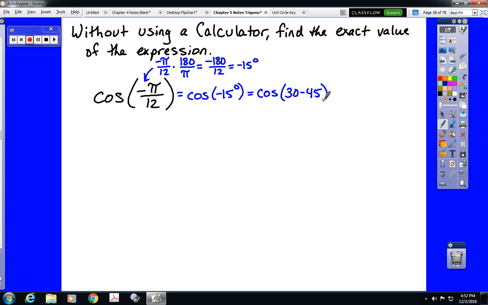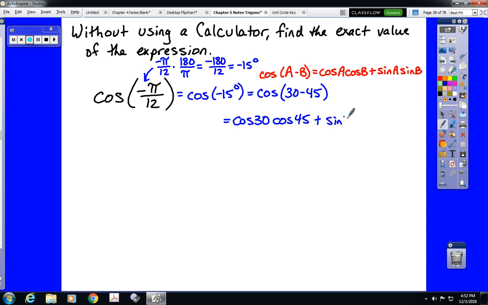It doesn't matter at all which one you use. What's important is that you're following the correct pattern, which would be cosine A, cosine B, plus sine A, sine B. So this would be cosine of 30, cosine of 45, plus sine of 30, sine of 45.